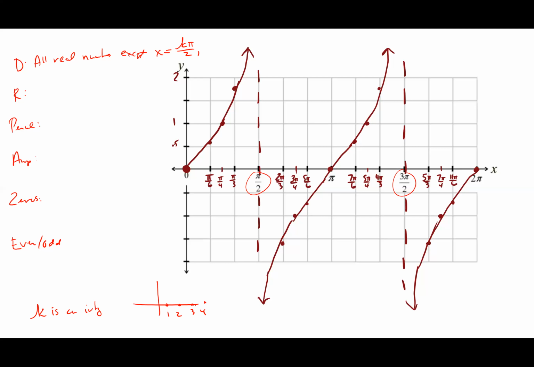But now we have to define k. So if I say k is an integer, I don't think that's going to work this time, because notice if k is 0, it hits 0. If k is 1, yes, it works for 1. If k is 2, we hit this one. That's not a vertical asymptote. That's actually a 0 there.